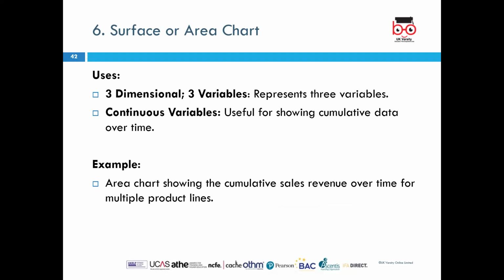Surface or area chart is now used for three variables. They're also useful for showing cumulative data over time. So example for our surface or area chart is for showing the cumulative sales revenue over time for multiple product lines.